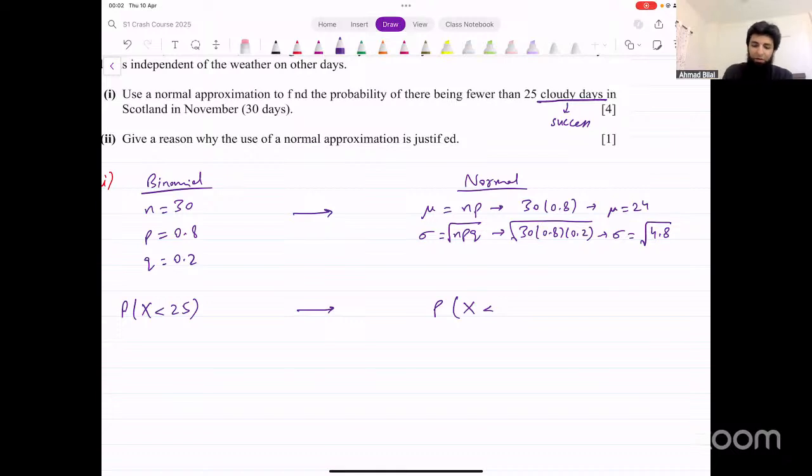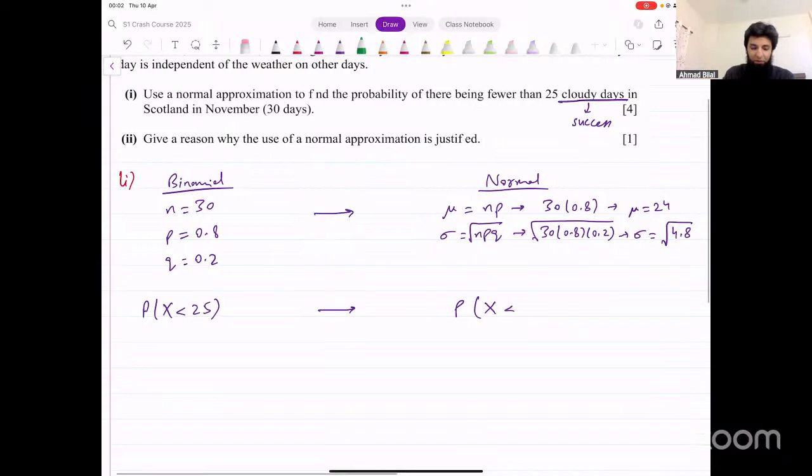How do we think about this? We think of 3 numbers: 25, 1 number to the left of it, 1 number to the right of it. Is 24 included? Yes. 25? No. 26? No. So we have to be between these 2 numbers. That's 24.5. Yes, so that's correct. That's x less than 24.5. That is what we would be using here.